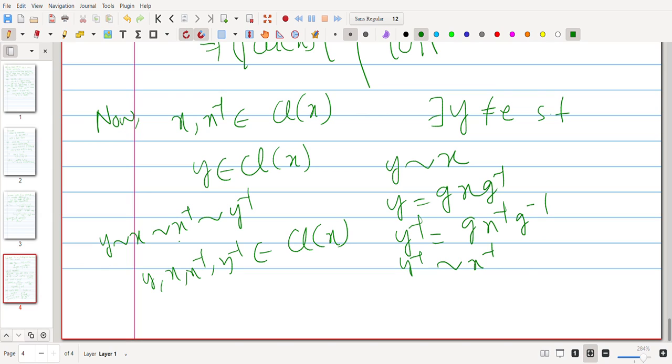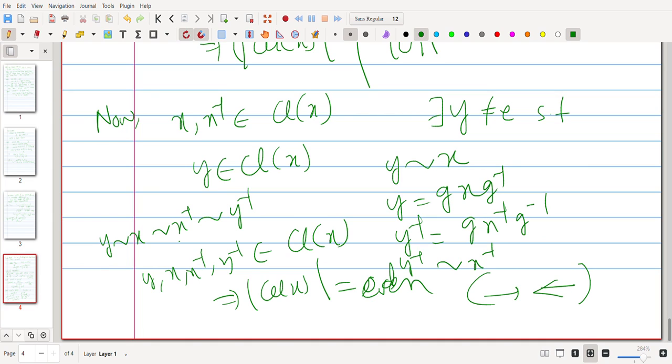For any non-identity element X, X is not equal to X inverse, which implies that the order of the conjugacy class is even, which is a contradiction to our assumption. Okay, hence order of G cannot be odd. Order of G is always even, hence A is correct.